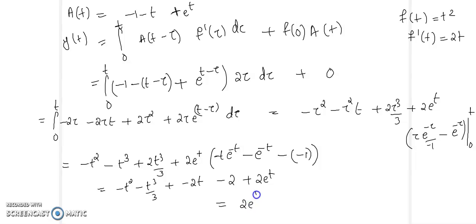So that is 2 e raised to t minus 2t minus 2 minus t square minus t cube by 3. So that is the value of y of t. So therefore y of t, the required solution will be 2 e raised to t minus 2t minus 2 minus t square minus t cube by 3.